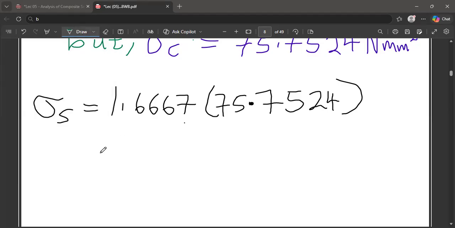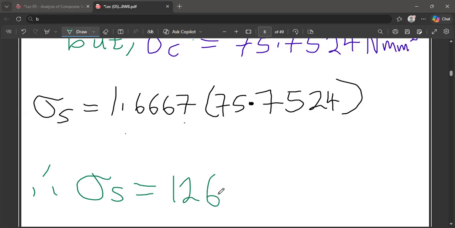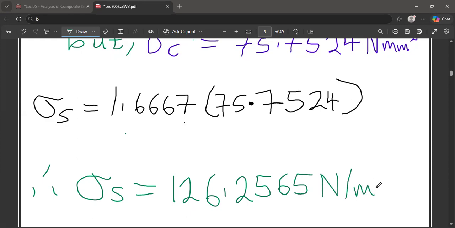Therefore, our stress in the steel rod is equal to 126.2565 Newton per millimeter squared.